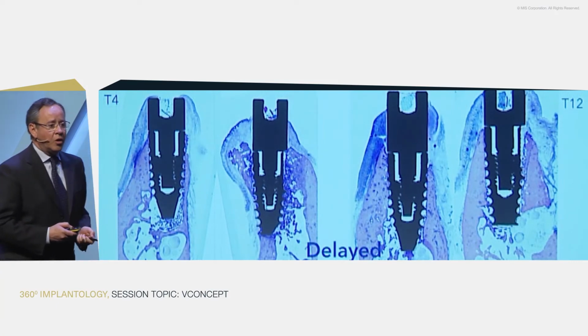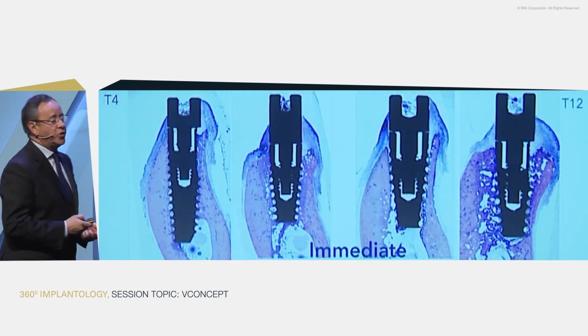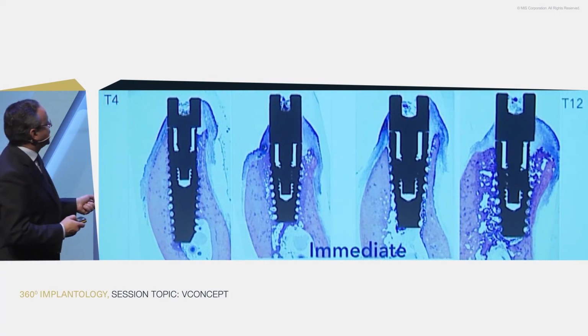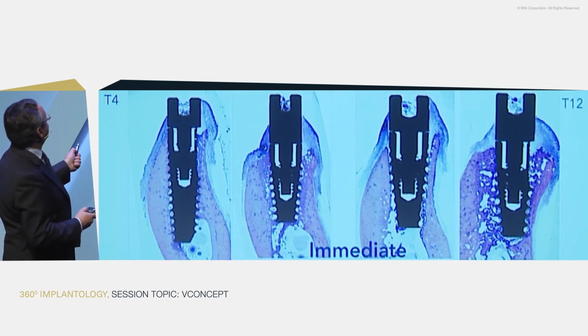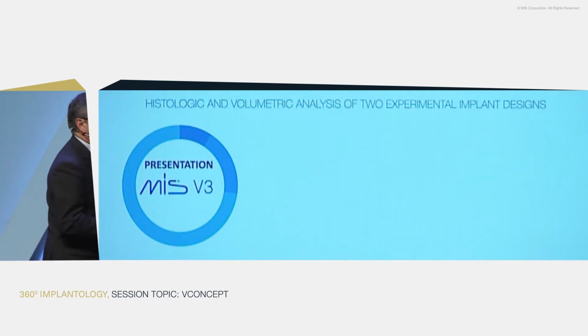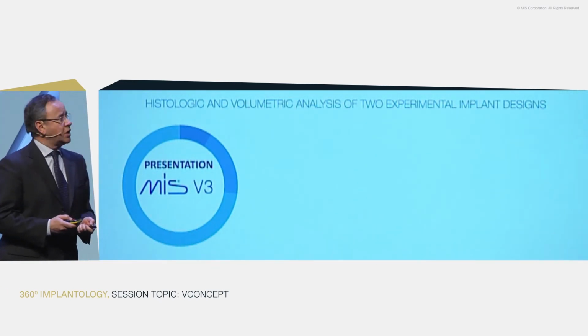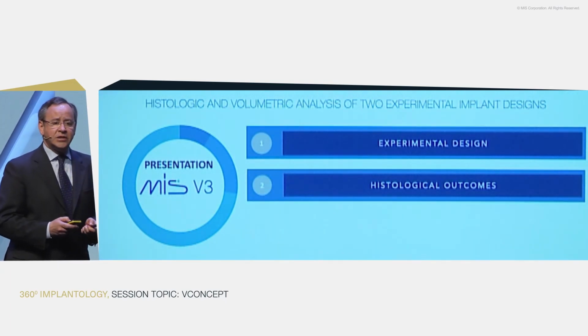And we could go on and on with all the different specimens that we have produced. This is again an immediate, this is the T12 experimental, this is the control, this is the control, and this is the experimental. So I think the histological outcomes are very clear.